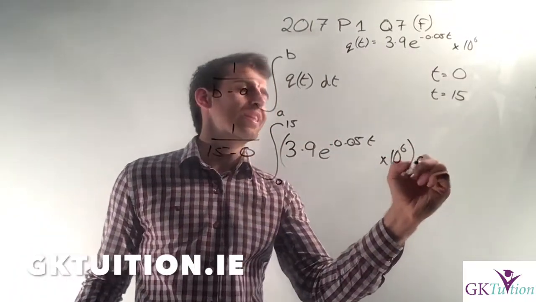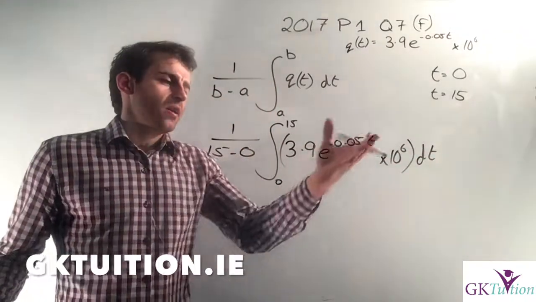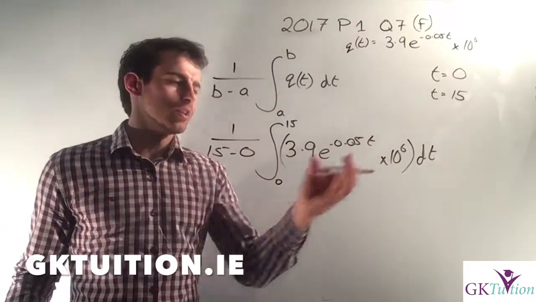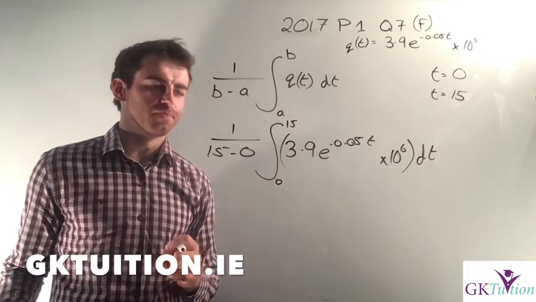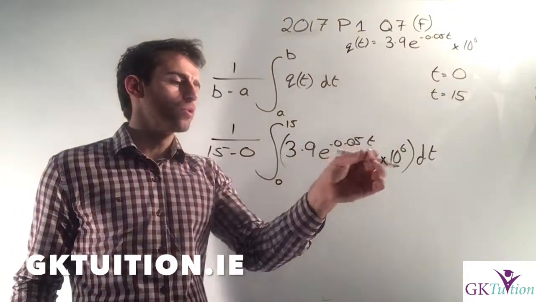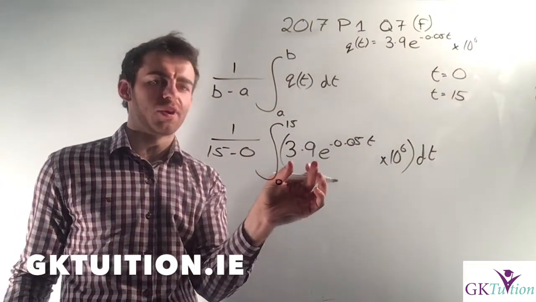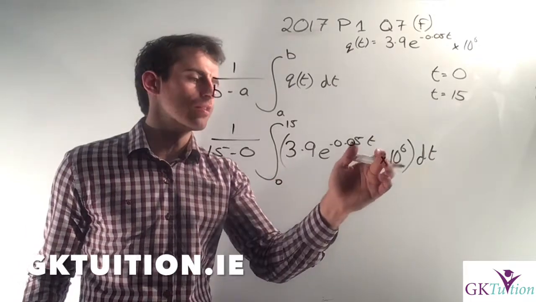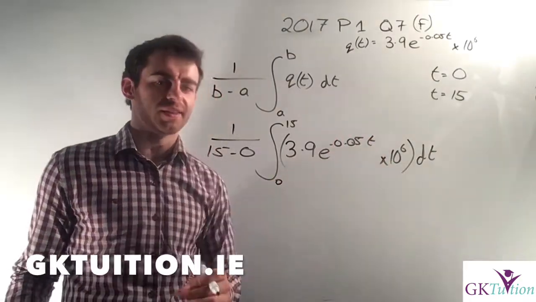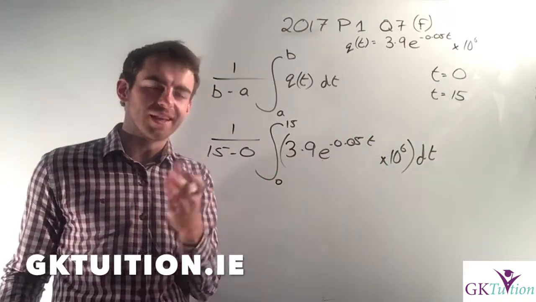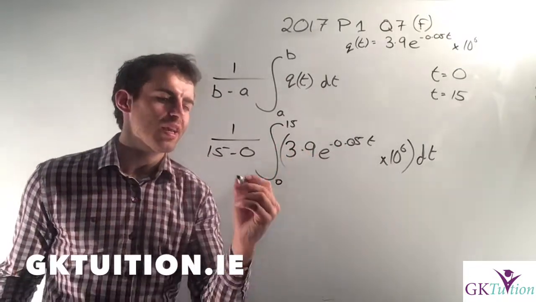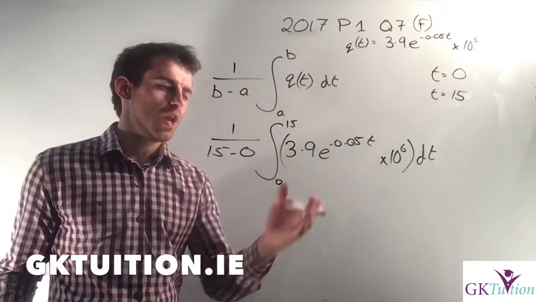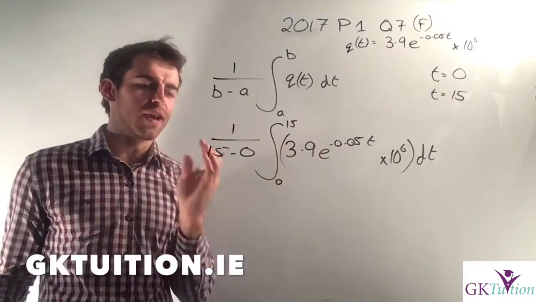Again, notice that I'm putting in a dt at the end. It's just part and parcel of my symbology for the integration. So because I'm integrating, I should just have a dt at the end. Now, straight away, you should recognize I'm not going to integrate my 3.9. I'm not going to integrate my by 10 to the power 6. So these are just numbers, so I can take them out. 3.9 multiplied by 10 to the power 6 is 3.9 million. And I can take that 3.9 million outside.